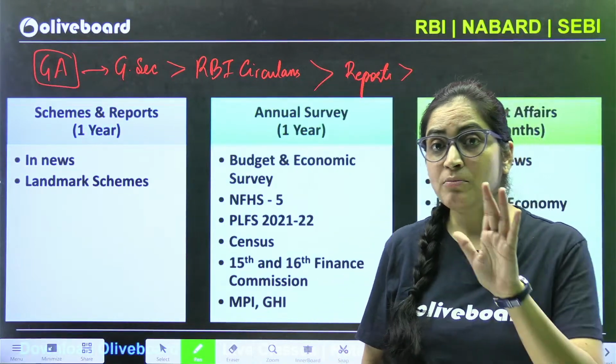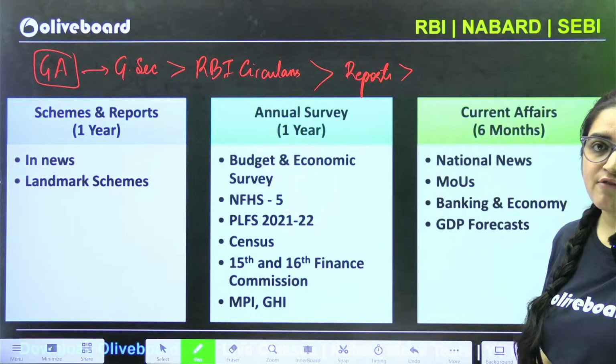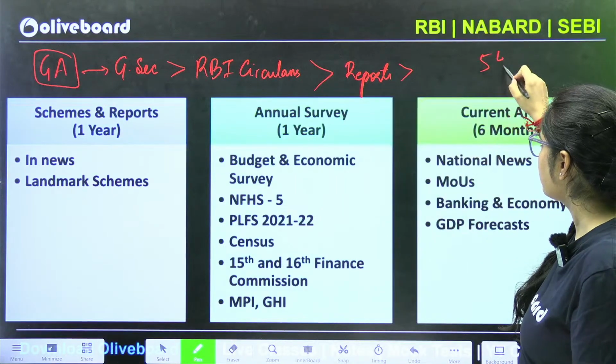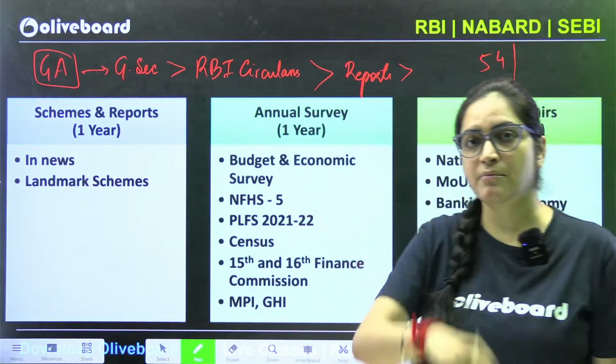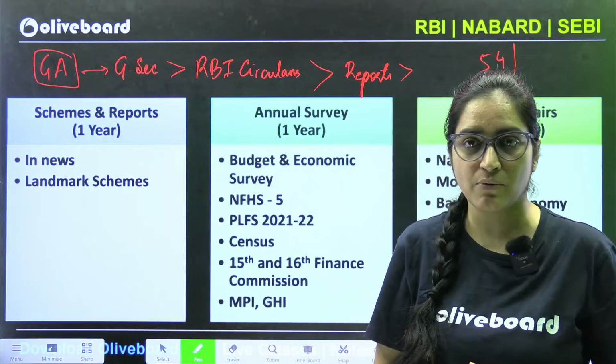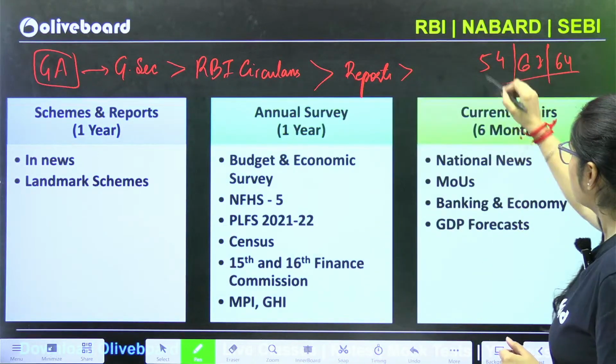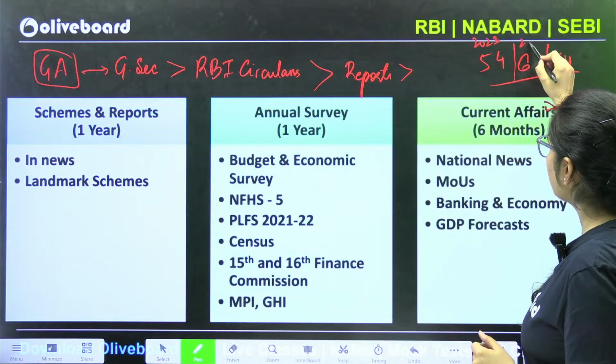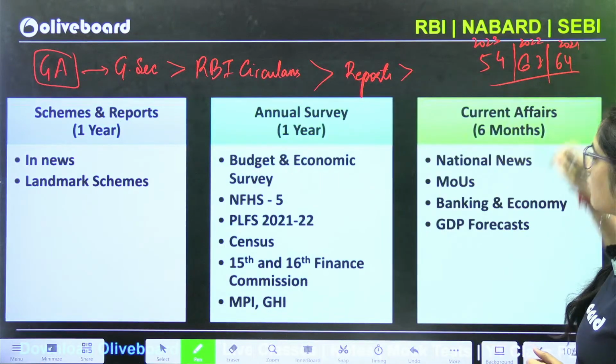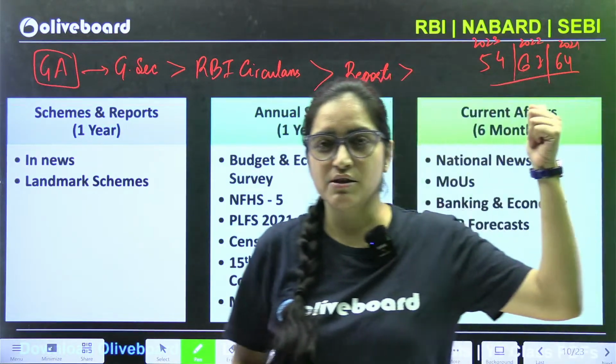But one thing you be clear. How much was the cutoff last year? 54 roughly. How much was the cutoff the year before the last one was? Roughly around 63, then 64. That's how your 2023, 2022 and 2021 cutoff was. What can you see from this cutoff?